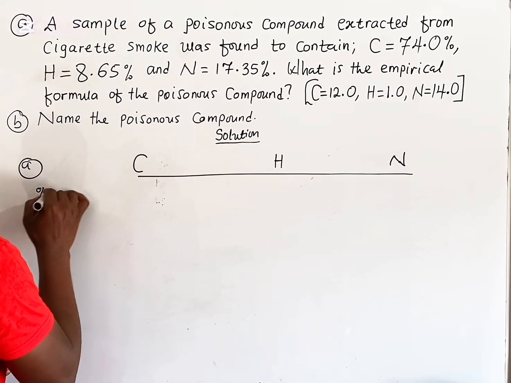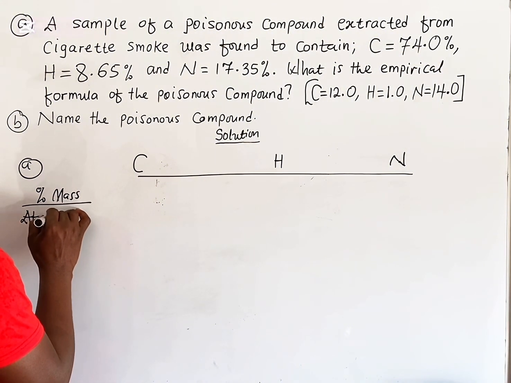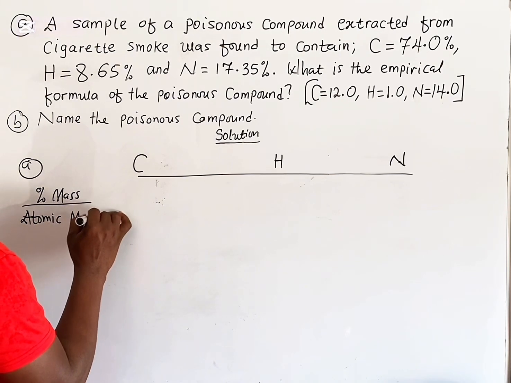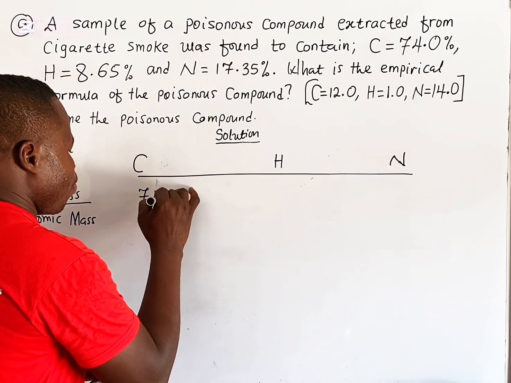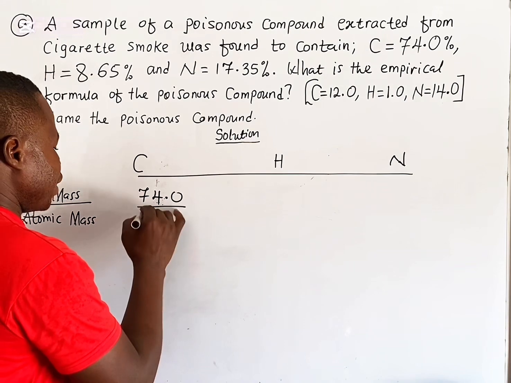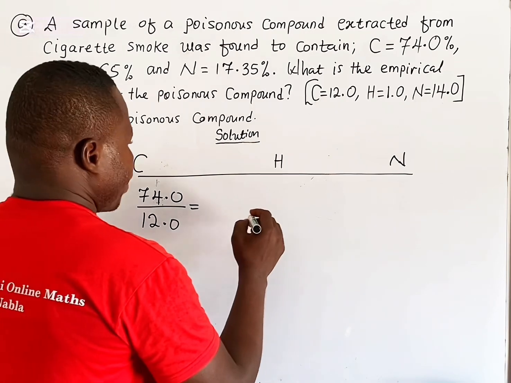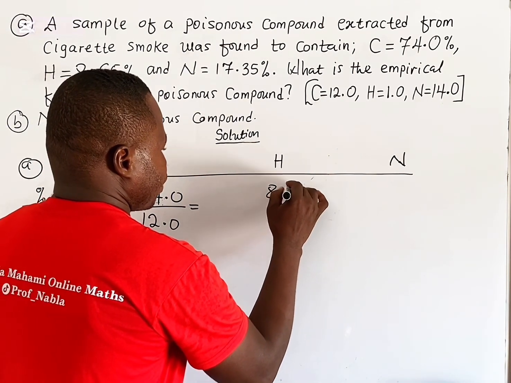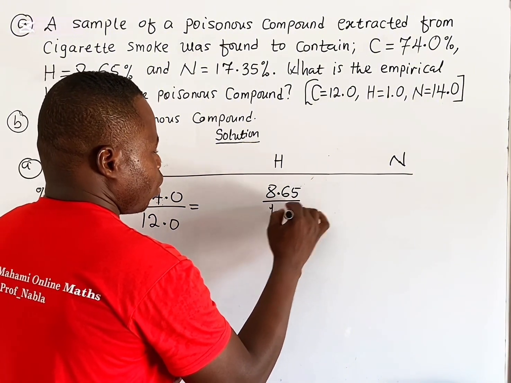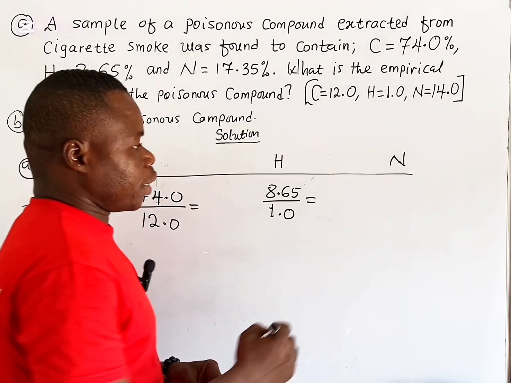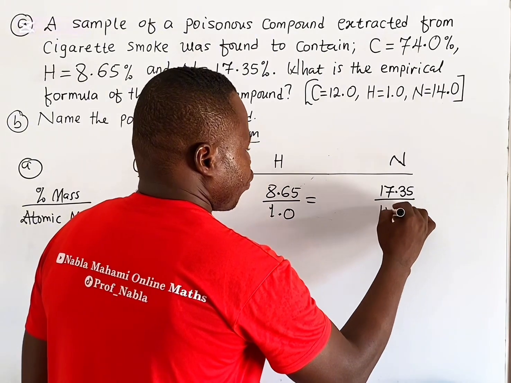So I'll say percentage mass divided by atomic mass. Percentage mass of carbon is 74.0, then we divide it by its atomic mass, which is 12.0. Percentage mass of hydrogen is 8.65, then divide by its atomic mass, 1.0. The nitrogen percentage mass is 17.35 divided by its atomic mass, 14.0.